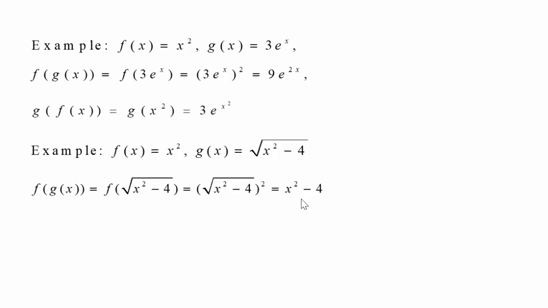So we get x squared minus 4. And then the next, g of f of x, now f of x is x squared as defined here in the example. So then this x squared will replace now here in the g of x function. So you get x squared, and that square is also there. So this one we are getting square root of x to the 4 minus 4.